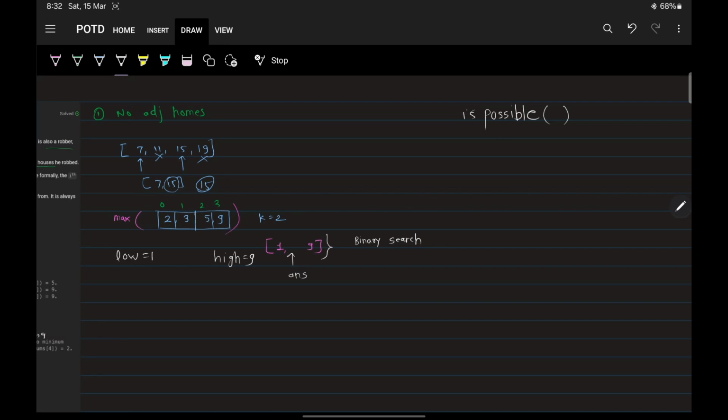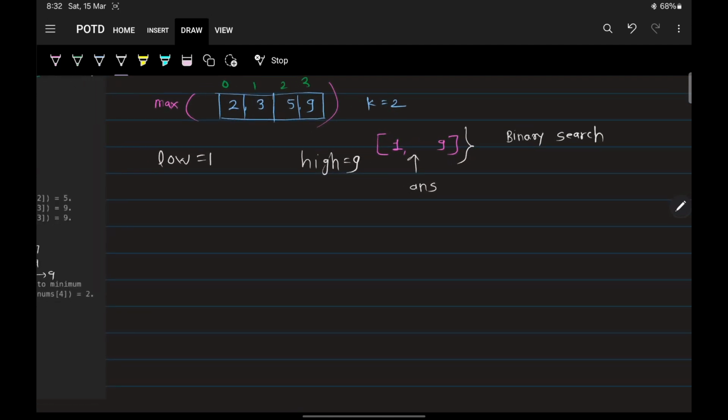High is 9, low is 1. So my mid in the first case is 9 plus 1 by 2, that is 5. So basically, is it possible to achieve the minimum capability 5 while stealing 2 houses?